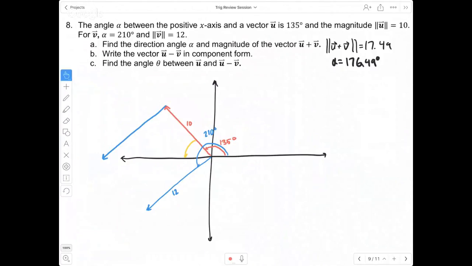And now I want u minus v. So now u minus v is going to look more like this green vector. So go forward. So here's u, and then go backwards v. So forward u, backwards v.